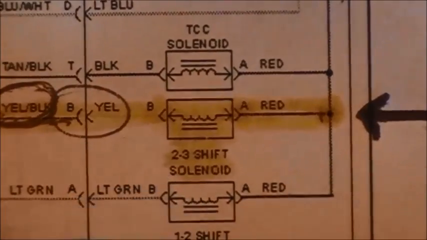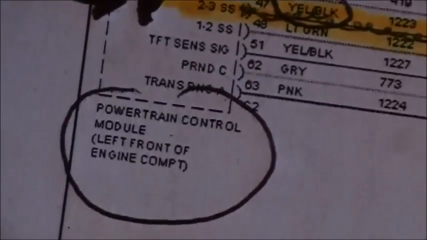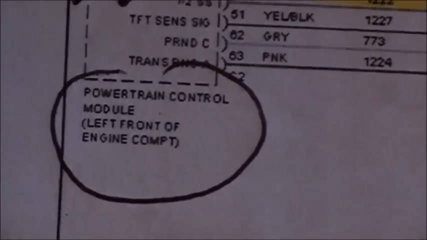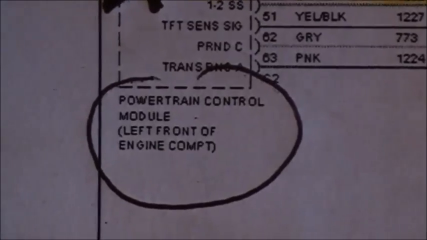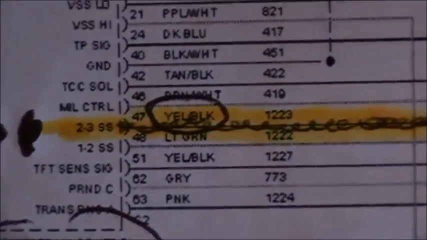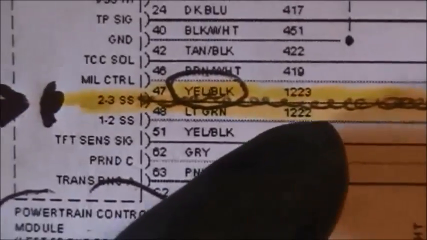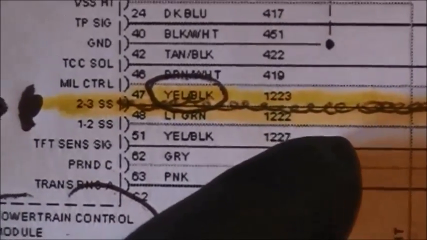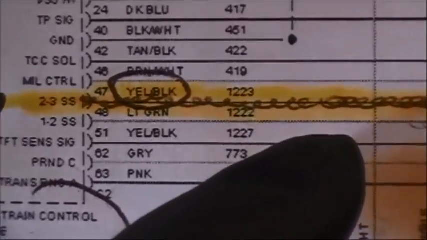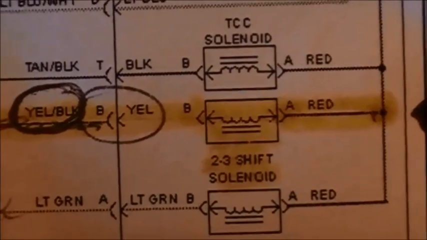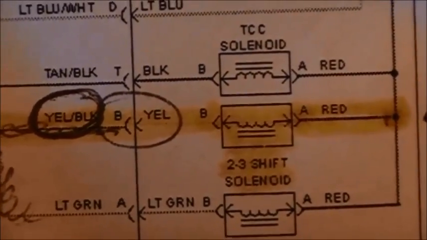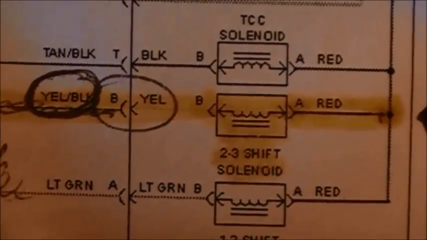Okay, and you want to trace that all the way over to the computer, the powertrain control module, and it tells you where it is, the left front of the engine compartment. Now, the best thing to do is to highlight it so that you know what circuit you're working with, and it shows here a yellow with a black stripe. And that goes to the 2-3 shift solenoid, yellow with a black stripe.